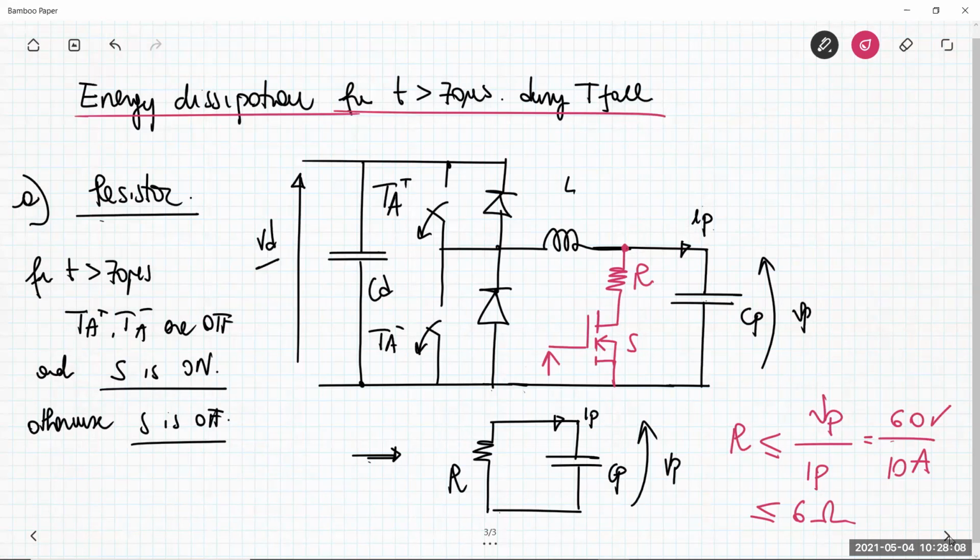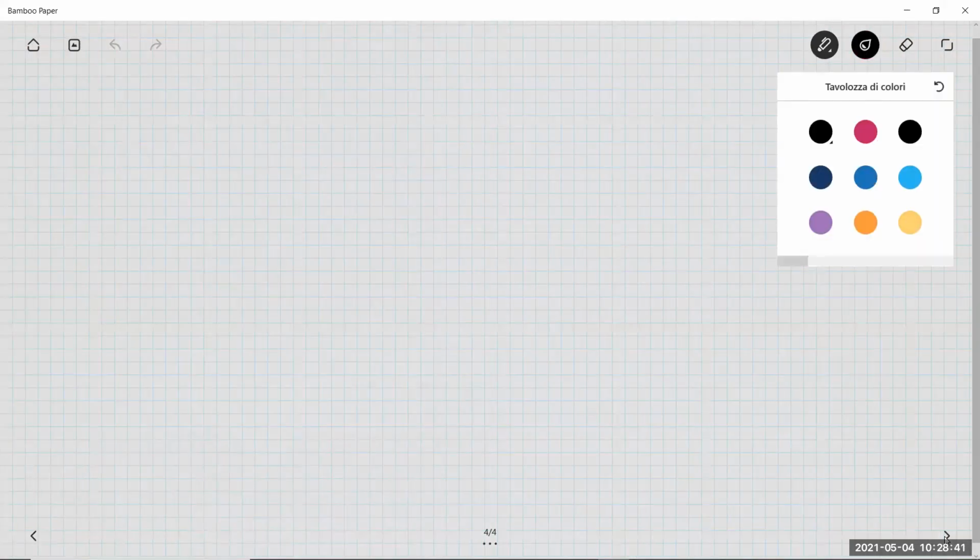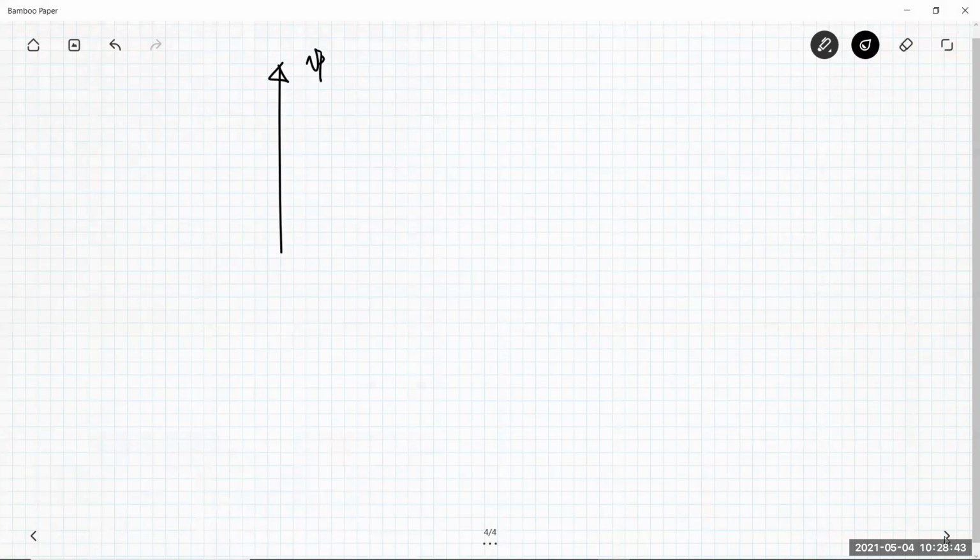This circuit makes it possible to dissipate the energy with an exponential variation. This is a circuit which has a time constant. The time constant is tau, which is R multiplied by Cp. Let me consider R exactly 6 ohm, so 6 multiplied by 5 microfarad, which is the value of Cp, is 30 microsecond. This is the time constant. Let me put here the plot for the voltage Vp across the capacitor.